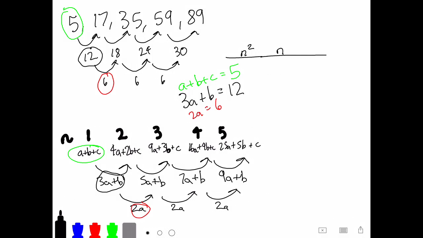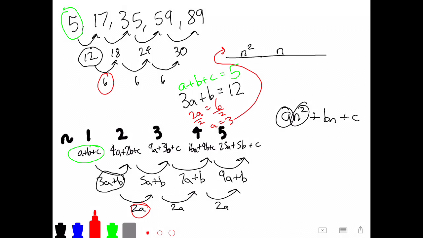And so we know that if 2a equals 6, then we divide both sides by 2, and we get a equals 3. And so now we know that a equals 3. And what is a? Well, in n squared plus bn plus c, a is the coefficient of n squared, and therefore this 3 would go right here. 3n squared. So you already know that it's 3n squared.